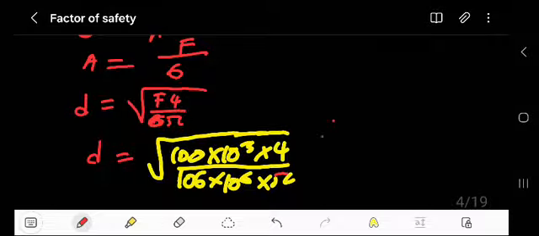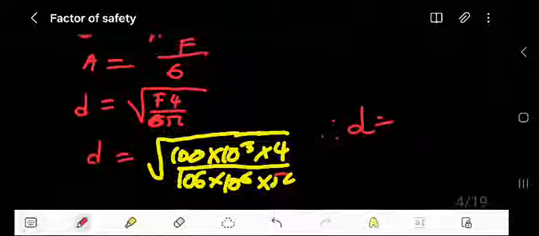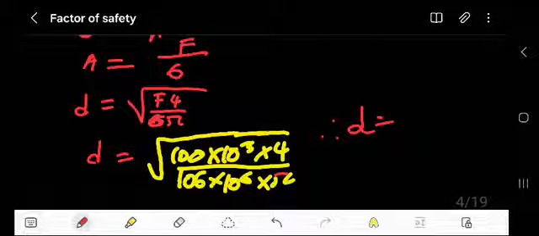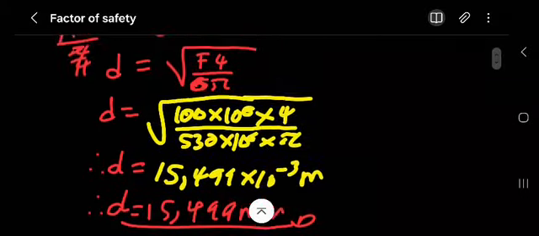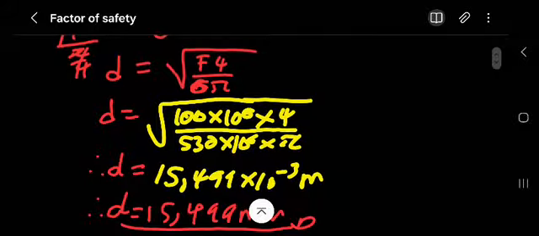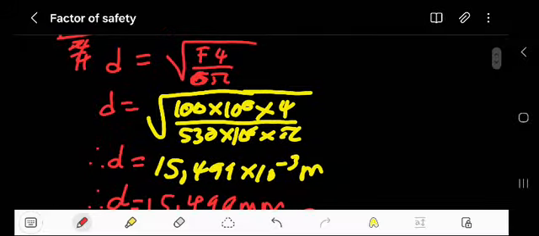If you calculate this, your d will be equal to this.